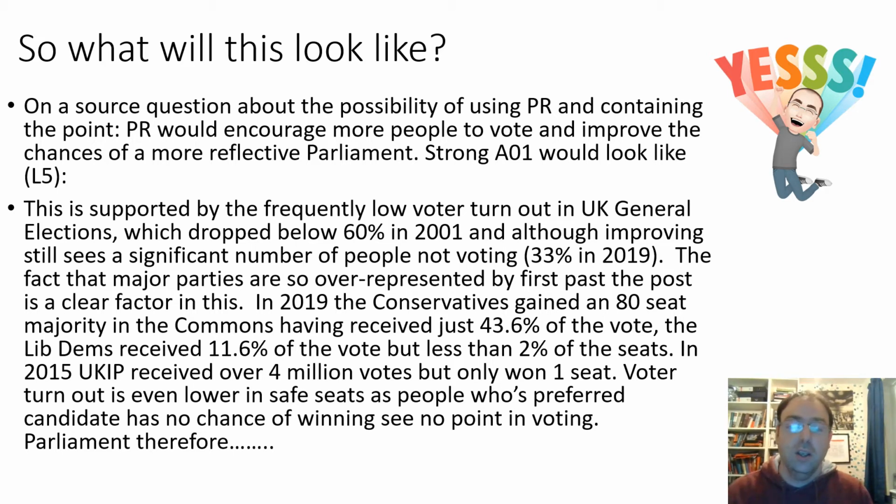In 2019, the Conservatives gained an 80-seat majority in the Commons, having received just 43.6% of the vote. The Lib Dems received 11.6% of the vote, but less than 2% of the seats. In 2015, UKIP received over 4 million votes, but won only 1 seat. Voter turnout is even lower in safe seats, as people whose preferred candidate has no chance of winning see no point in voting. And then you would go into your A02 and A03 bits.